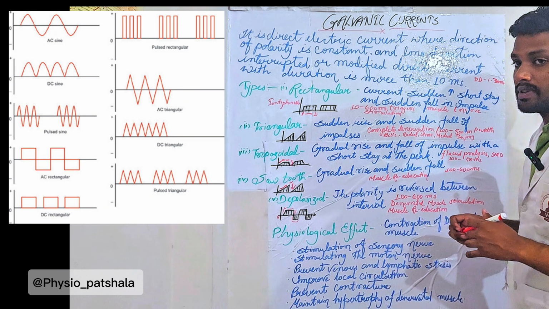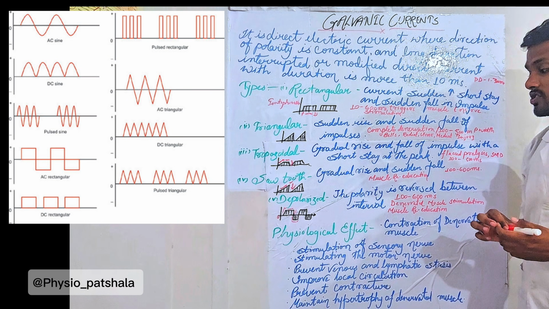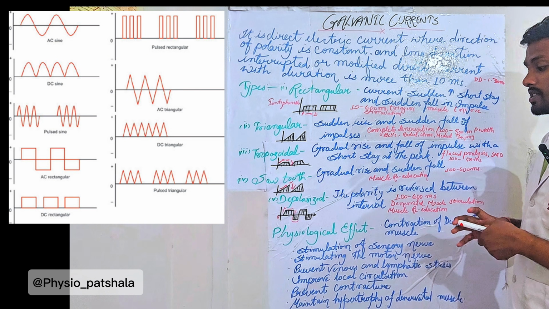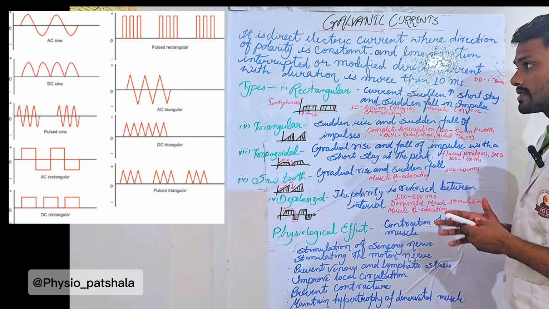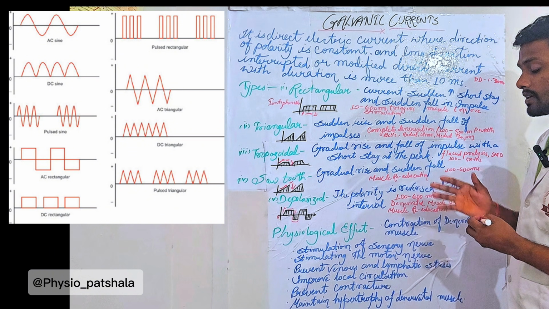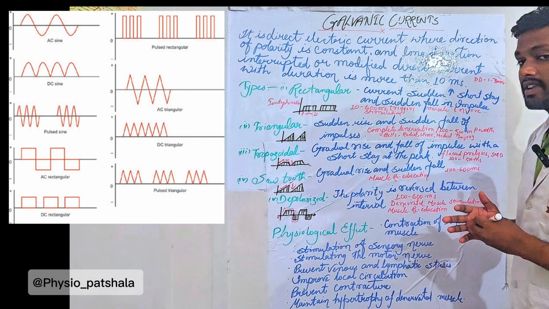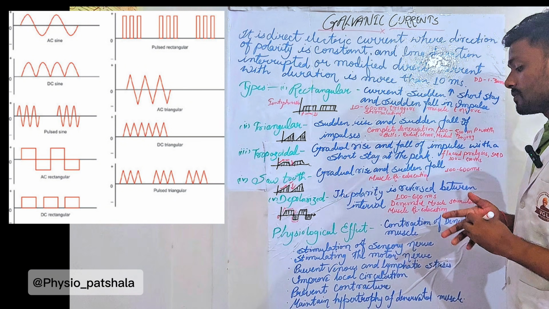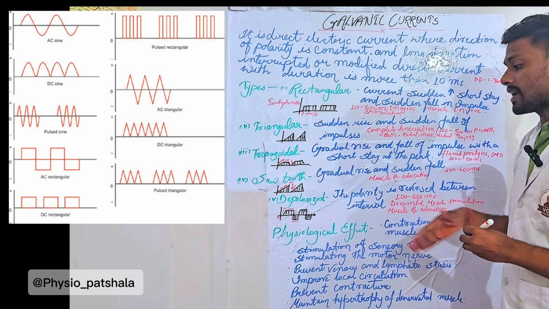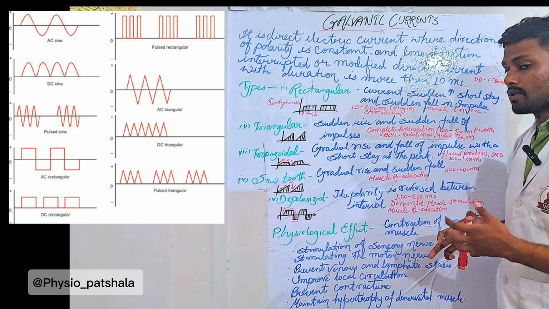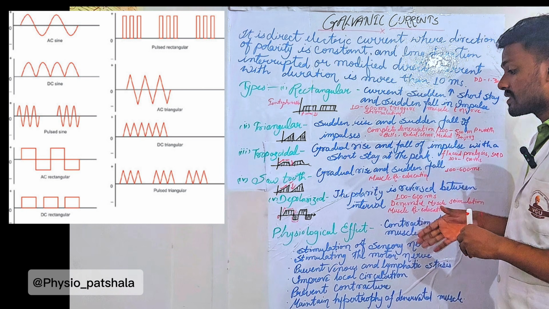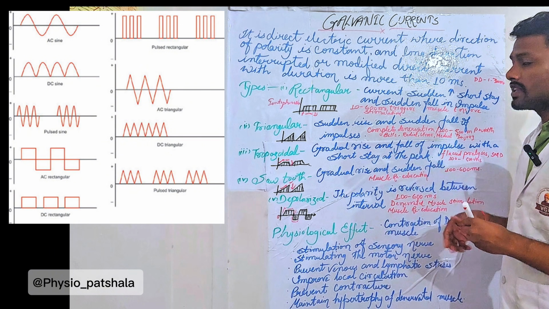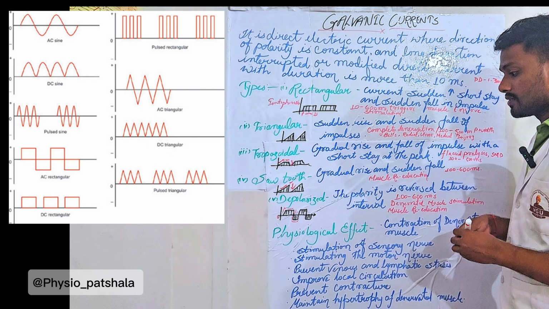There is no stimulation or tingling for the patient. This depolarized galvanic current is used for denervated muscle and also muscle re-education. We do not use this depolarized current much in clinical practice, but it is a type that comes under galvanic current, so we are studying it in this video.